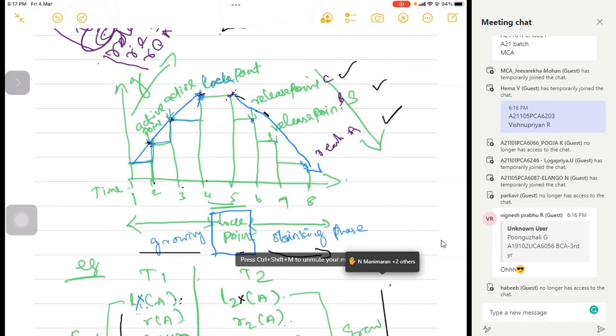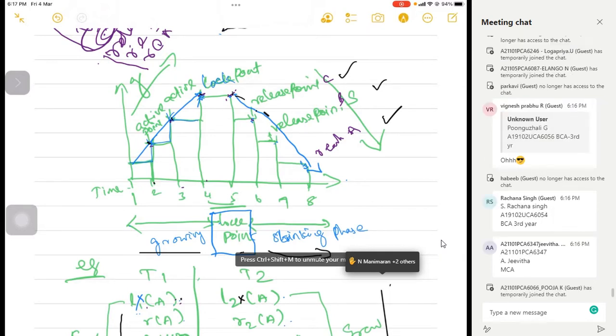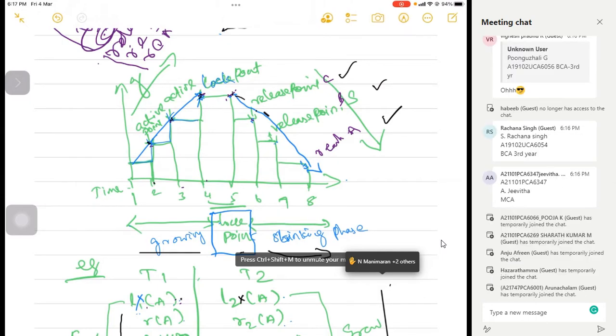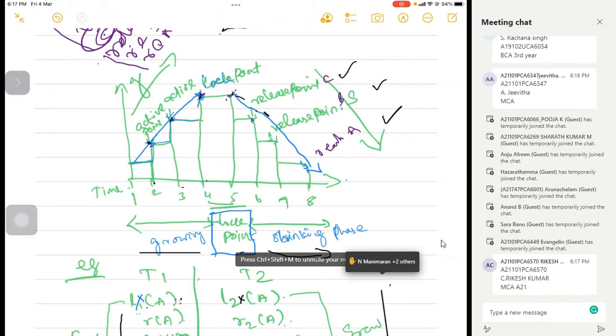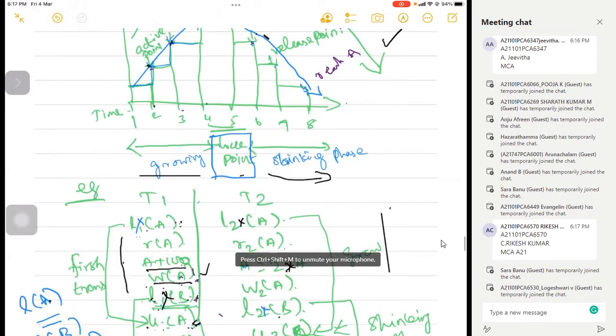Initially the active point, then more locks are given, and this is the lock point. Until reaching the lock point, all the records will be in the locking stage. Once it reaches the lock point, release each record one by one.